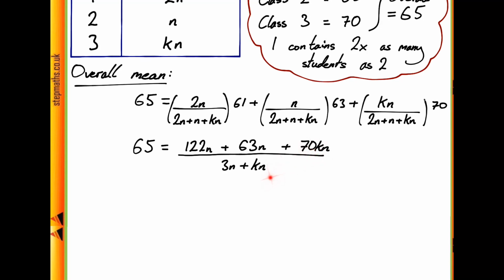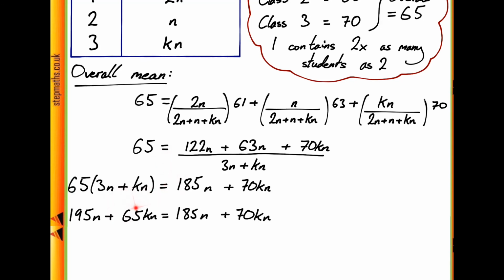So the next thing to do is just to multiply both sides by this denominator, to bring it up to the left-hand side, and then we can expand this to give us 195n plus 65kn. Finally, all we'd have to do is bring our k's onto one side and get everything else onto the other side to give us that 10n equals 5kn.